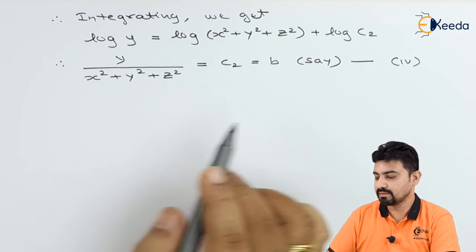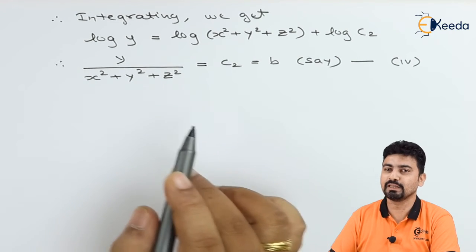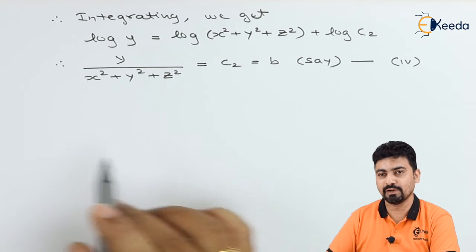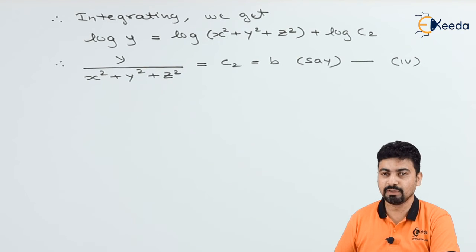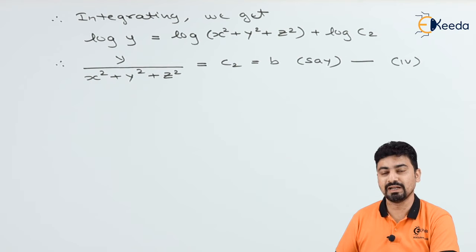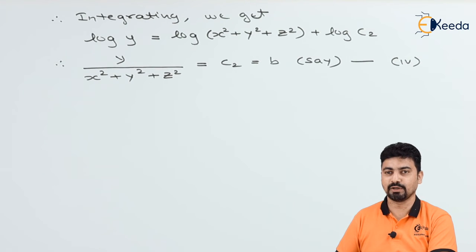So this is our second part of the solution, and combining the first and second part, we'll be getting our final solution for the given partial differential equation. So let us rewrite the first and the second part of the solution.